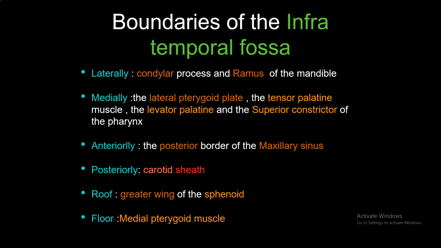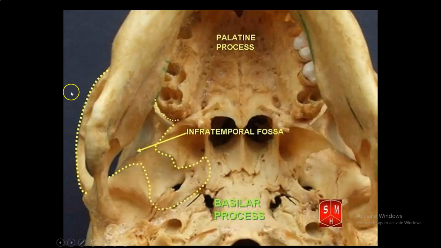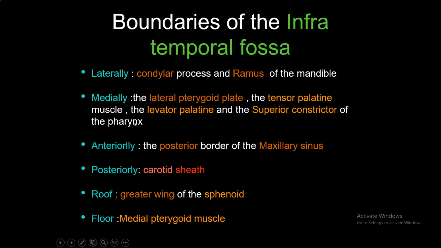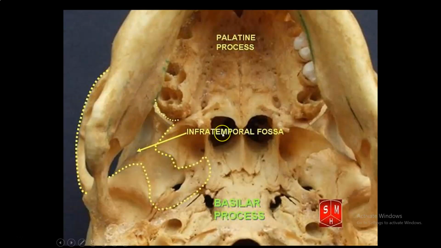The boundaries of the infratemporal fossa, as we said, laterally are the condylar process and ramus of the mandible. The mandible is here, so the ramus of the mandible is the lateral boundary of the infratemporal fossa, and the condylar process is here.